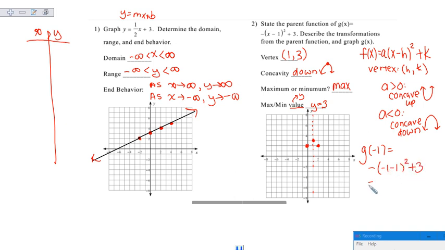Same thing, I simplify inside my parentheses first. Then I do my exponent. And negative 4 plus 3 is negative 1. So at negative 1, I go down to negative 1. Now you can see this sharp change. And if this is 2 away over here, then there's one 2 away over here.